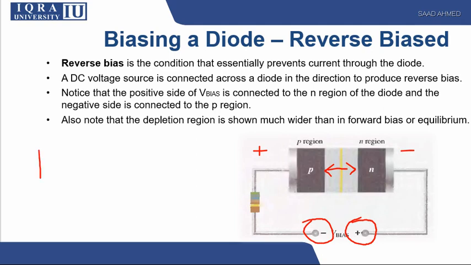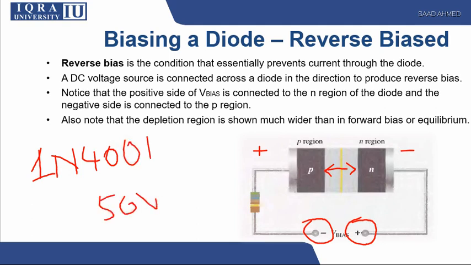For example, 1N4001 has a breakdown of 50 volts, so it can handle 50 volts in the reverse direction, and there are diodes available which can work up to 1000 volts in the reverse direction.